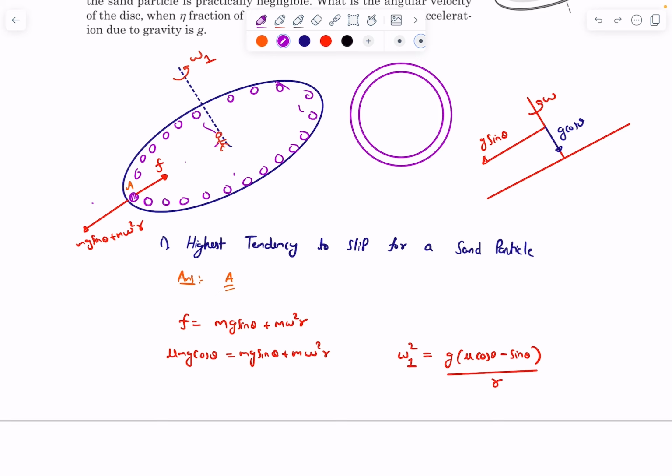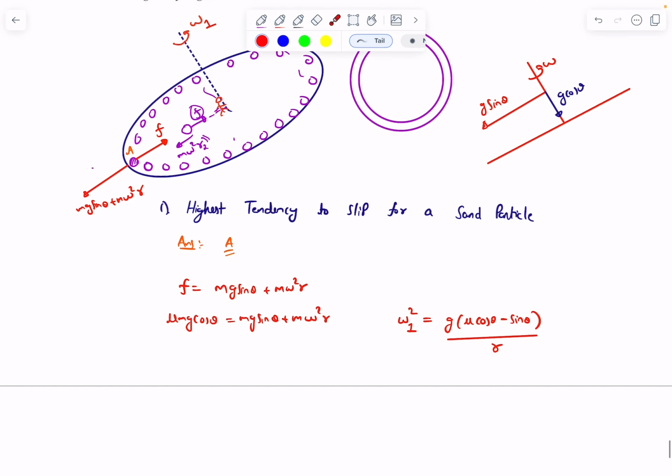Now the question is, why isn't the point on the inside slipping? The reason is that at an inside point, the required centrifugal force is lower, right? This is m omega square r2, where r2 is less than r, so the friction required will be smaller. We can even observe that from the limiting omega expression.